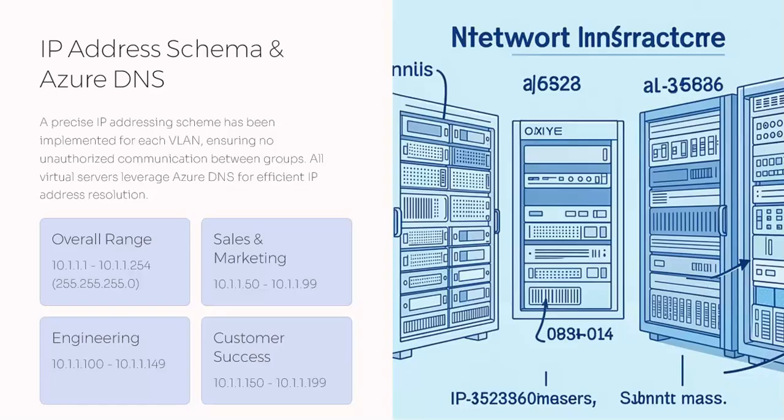Each department was assigned a specific IP address range with each virtual server using the first available address in this range. You can see the overall range, and all servers rely on the Azure DNS for address resolution, and network rules prevent any communication outside of the assigned IP address range.